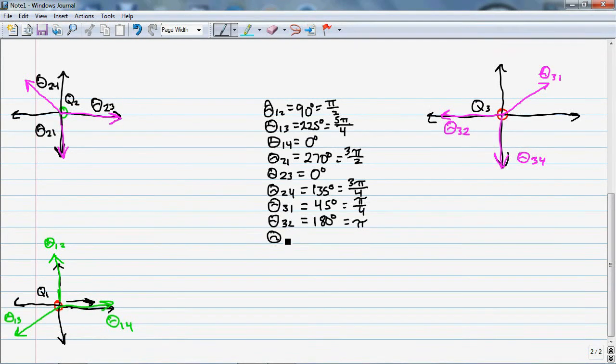And theta 3, 4, and that's just going to be 270 degrees, or 3 pi over 2.